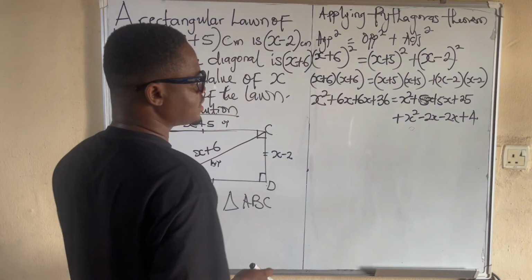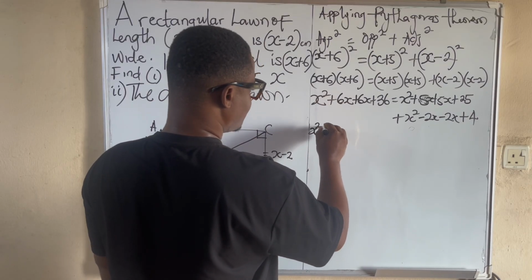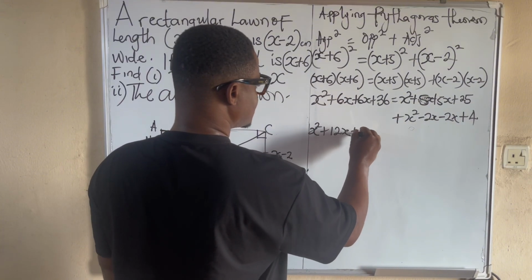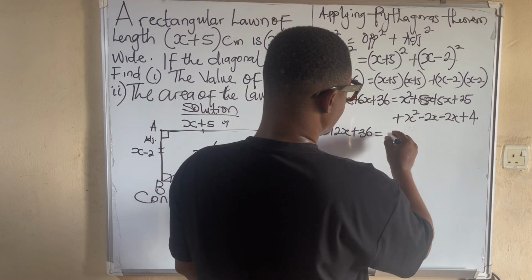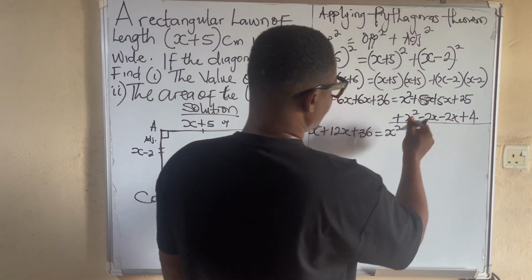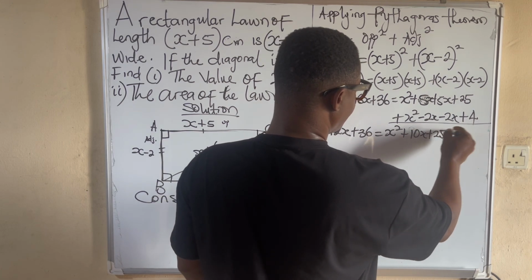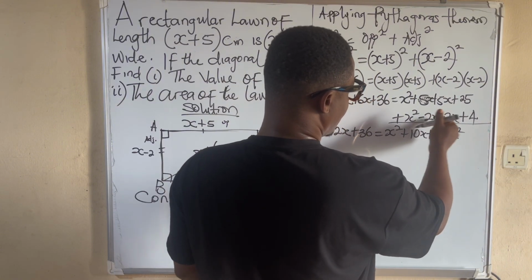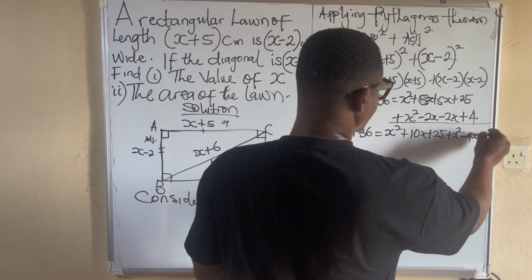So let's collect, let's add the ones that look alike. We have x squared plus 6x plus 6x is 12x plus 36 equals, this is x squared plus this time 5x plus 5x is 10x plus 25 plus x squared minus 2x minus 2x is minus 4x plus 4.